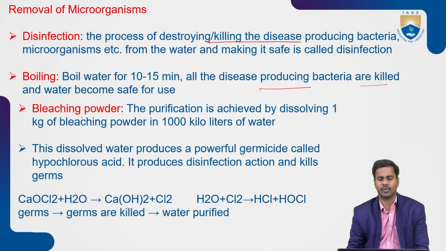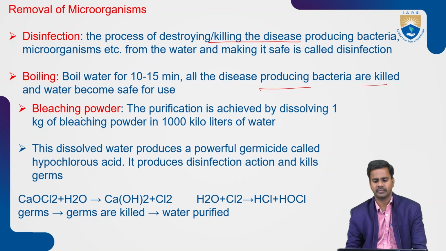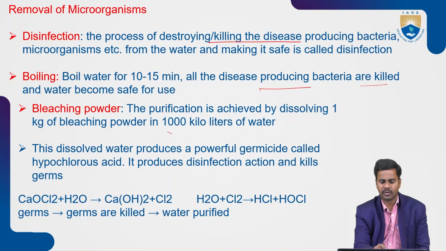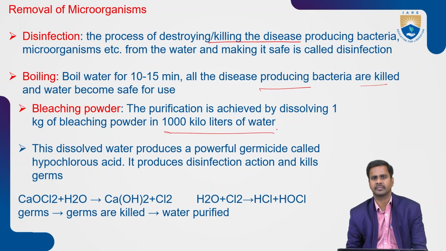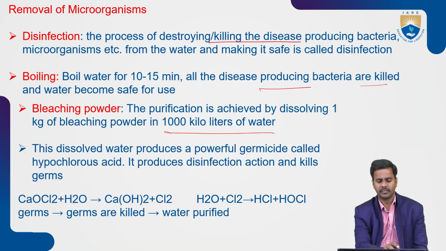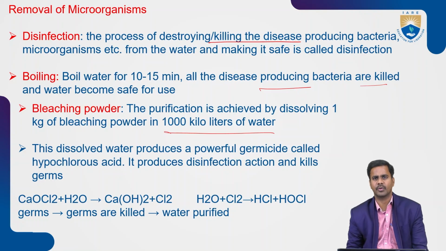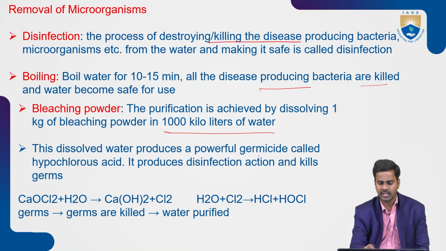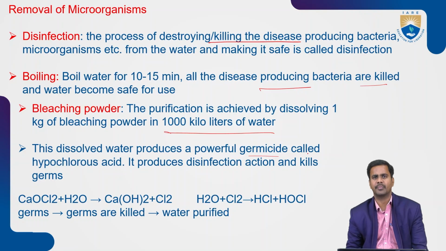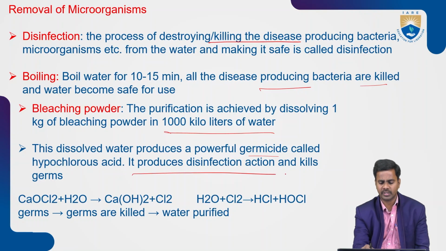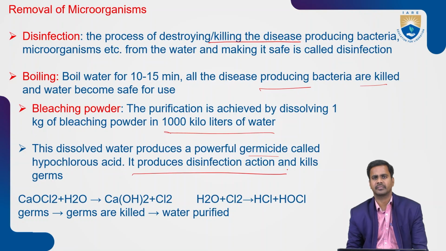And by adding bleaching powder. The purification is achieved by dissolving 1 kg of bleaching powder in 1000 kiloliters of water. This produces a powerful germicide called hypochlorous acid. It produces a disinfection action and kills the germs present in water.